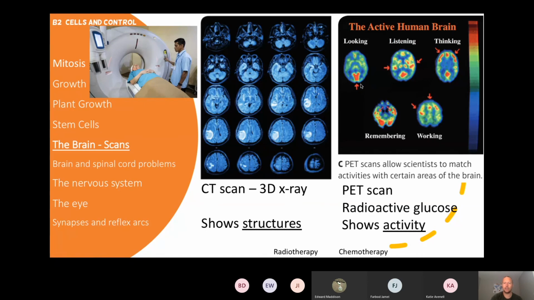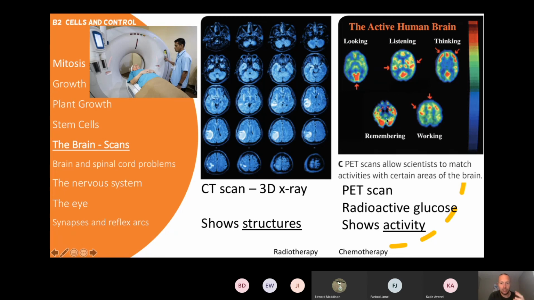Did the part of the brain that should light up when they're looking at stuff light up? If it did, brilliant. It's not a brain problem. It might be something to do with the eye or the optic nerve. Did it not light up? Well, that means it's probably a problem with that part of the brain. So a PET scan shows activity, whereas a CT scan shows structures within the brain.